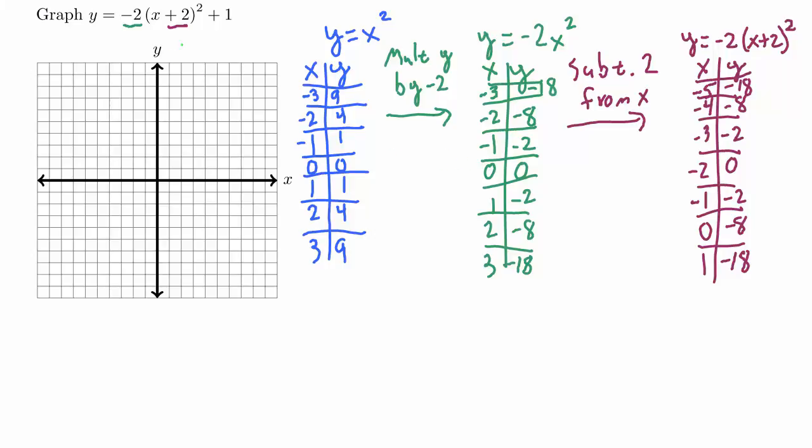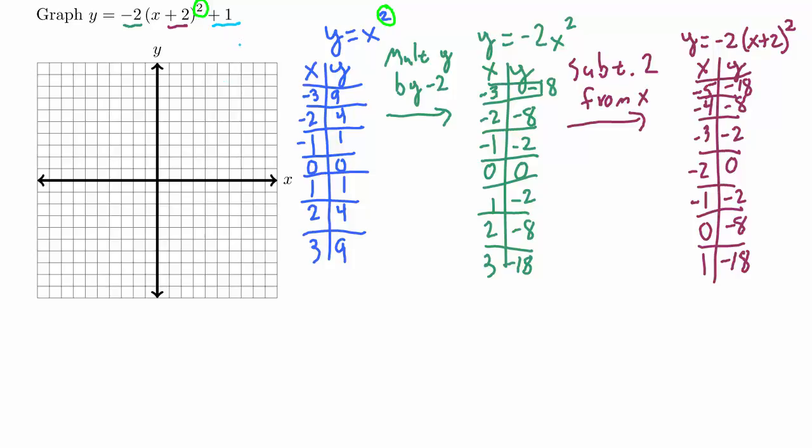Now then, this is where a lot of people would go next, that squared term. That's a problem because that squared term is already accounted for in the parent function. Therefore, you don't need to worry about it. What we do need to worry about, however, is this +1.